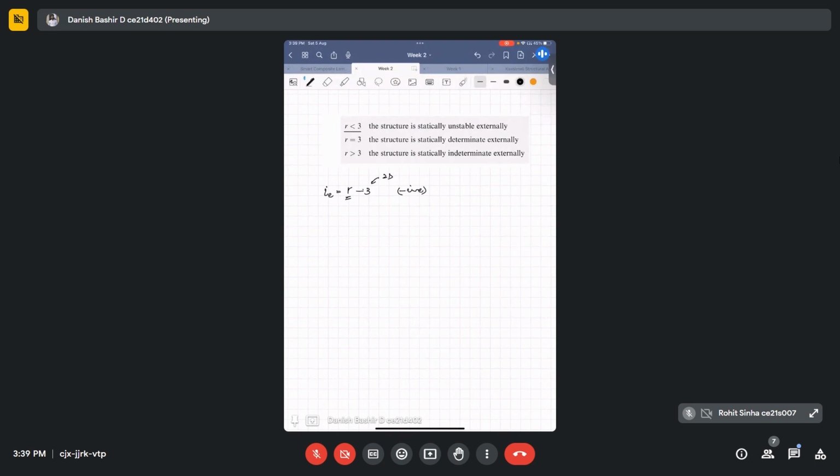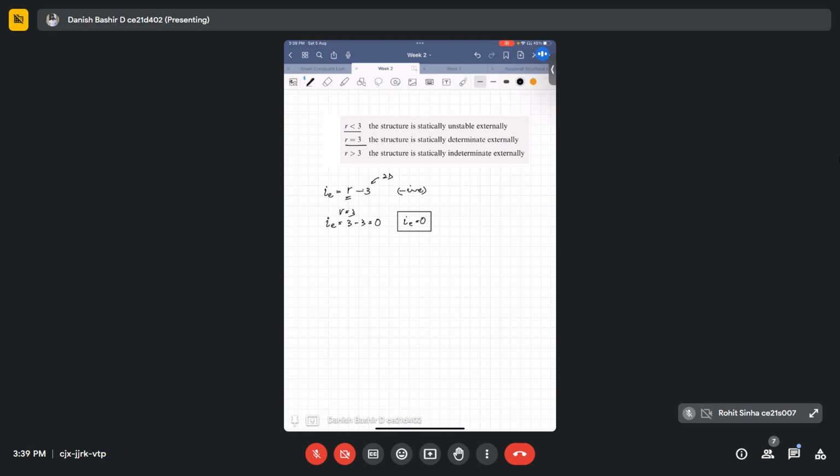If R is exactly equal to 3, the structure is statically determinate. As I've told you, the degree will be 3 minus 3, which is equal to 0. For a statically determinate structure, the degree of indeterminacy I is equal to 0. So it's a very simple rule.